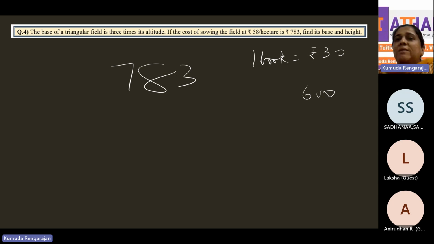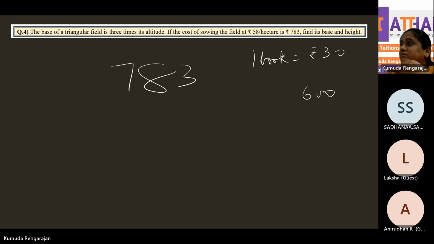You have spent money and bought some number of books for 600 rupees. So when you divide 600 by 30, you will get 20, which is the number of books you have purchased.